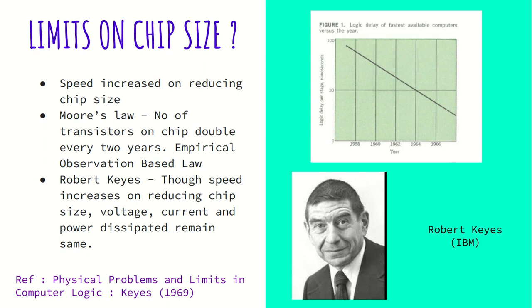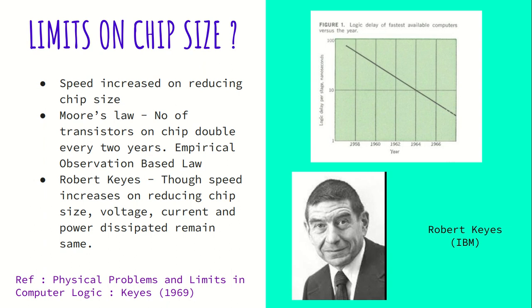A study conducted by Robert Keyes of the IBM Research Center on limits in processor speed concluded that though the semiconductor or transistor size is going exponentially down, the voltage, current, and power dissipated on a chip essentially remains the same.